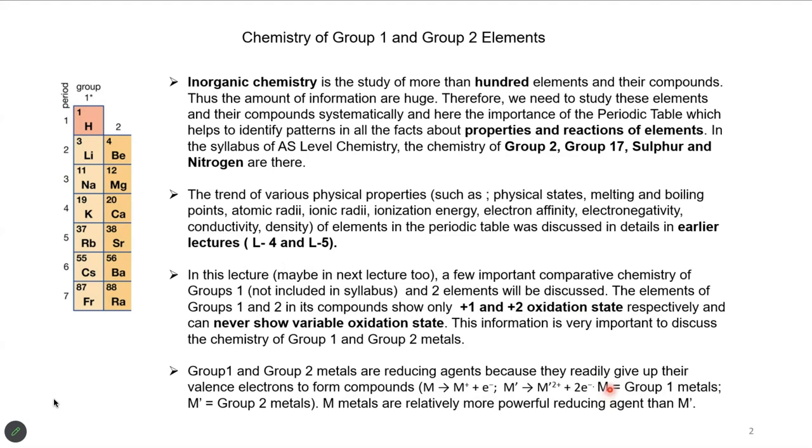I'm just showing you M as group 1 metals and M prime as group 2 metals. One thing to be noted is that M metals are relatively more powerful reducing agents than M prime.